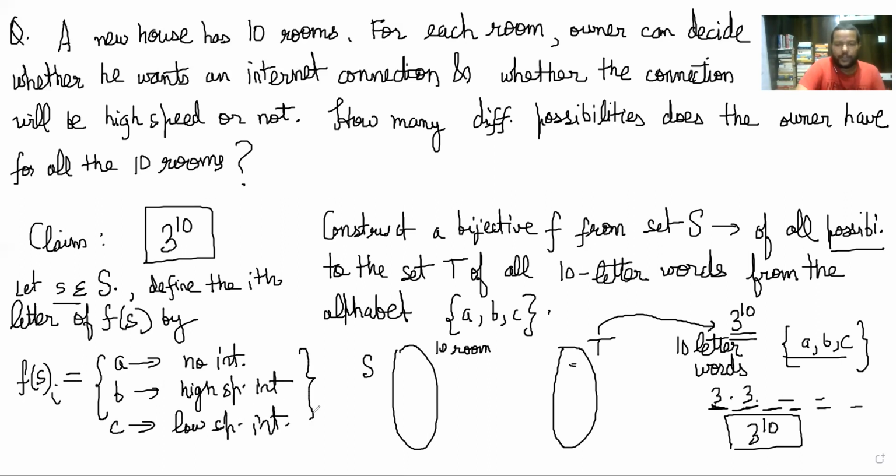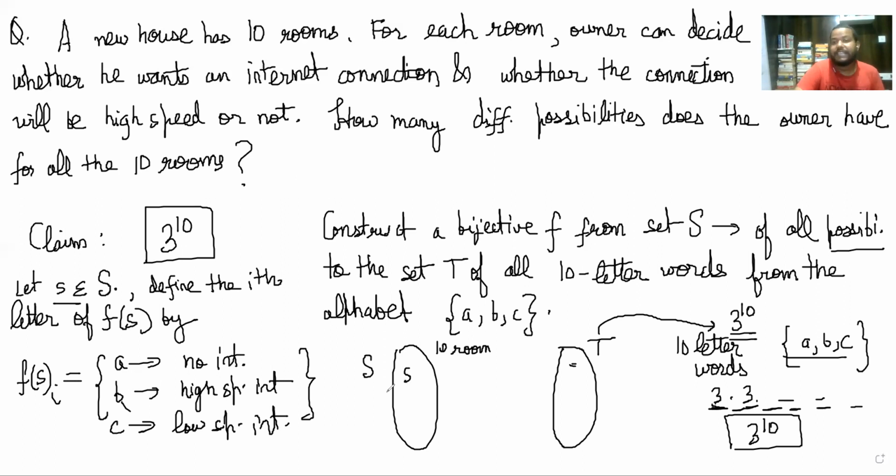So basically we are constructing a function which takes one possibility from the set S, and for that possibility it constructs a 10-letter word. And how does it construct the word? If the first room has no internet, then the first letter will be A. If the second room also has no internet, then the second letter will also be A. If the third room has high speed internet, it will be B. So we are constructing 10-letter words depending on all of the possibilities.